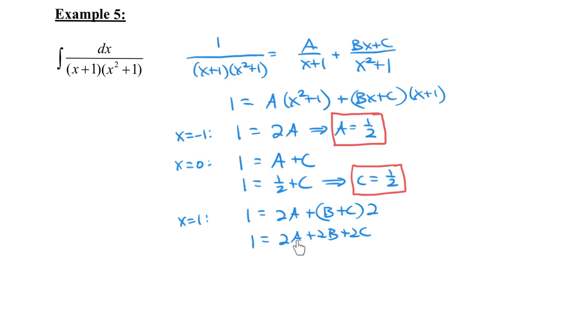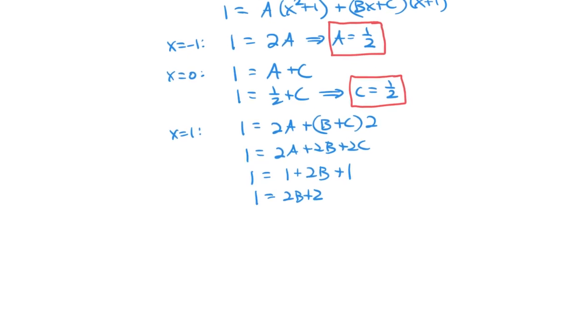So if I put a 1/2 in here, I'm going to get 2 times 1/2, which is 1. Same thing over here. I plug in a 1/2 for c, I get 2 times 1/2, which is 1. So that'll give us 1 equals 1 plus 2b plus 1. So we've got 1 equals 2b plus 2. So I'm going to subtract 2 from each side, and we will get minus 1 equals 2b. So then if I divide each side by 2, you get b equals negative 1/2.